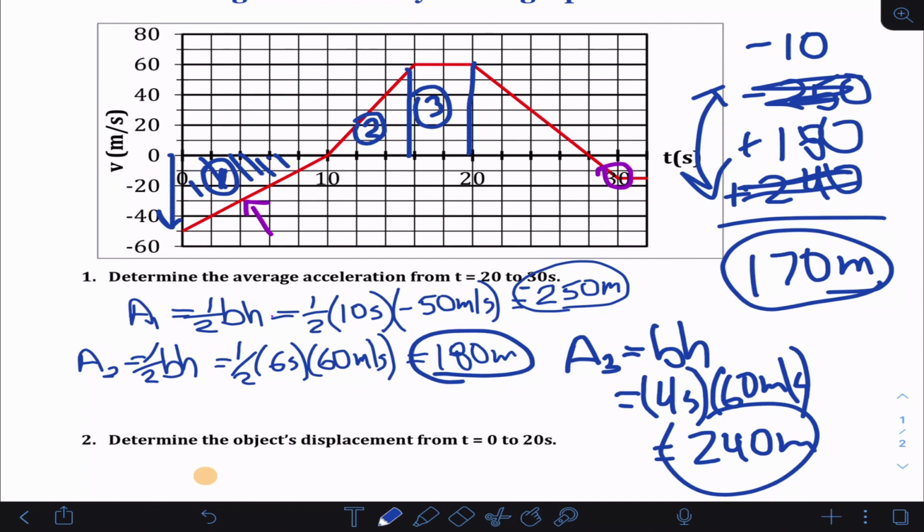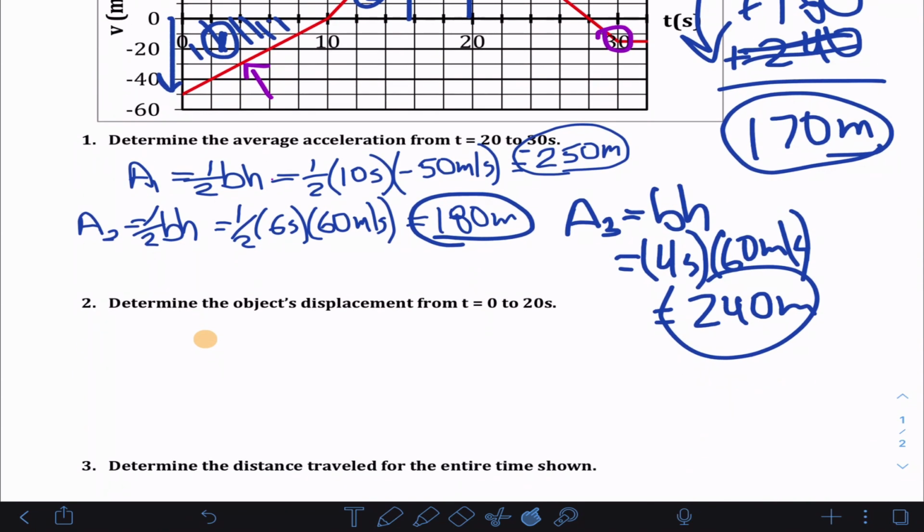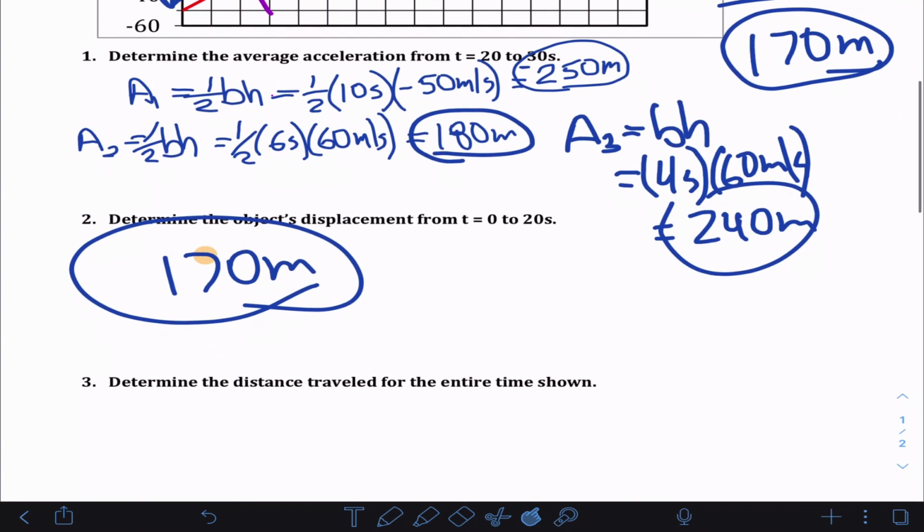The last aspect to this is if I asked you for the distance traveled. So the object's displacement, 170 meters. Here's your final answer there. Distance traveled, this is going to be a quick one here. Remember, distance is the absolute value of all the individual displacements.